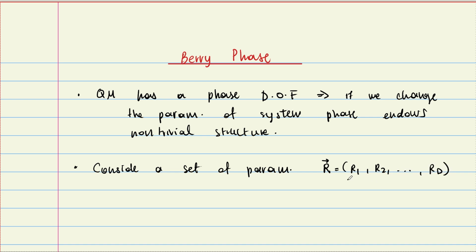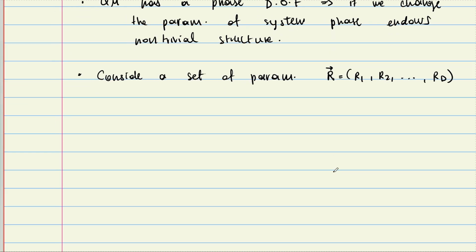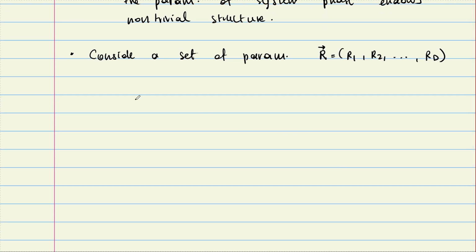So this is like a d-dimensional parameter space, and we imagine the Hamiltonian depends on these parameters, and there is some H which depends on R. So it is like a vector, but I will not write the vector arrow and t every time, not to clutter the equations.